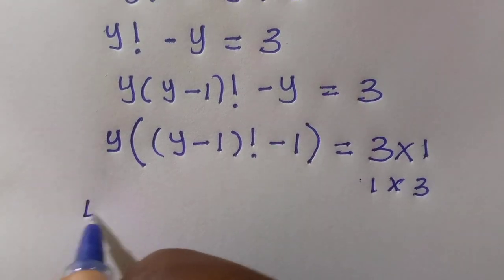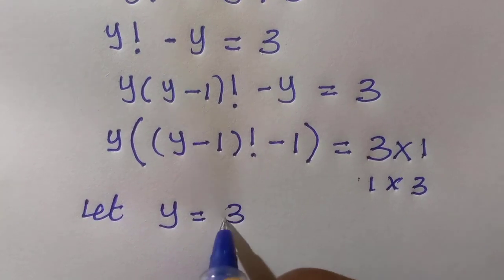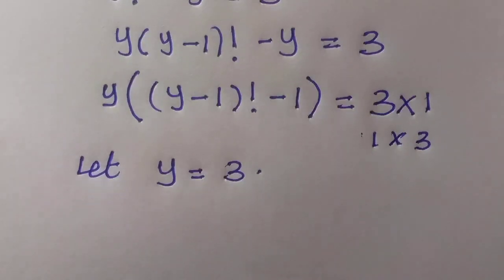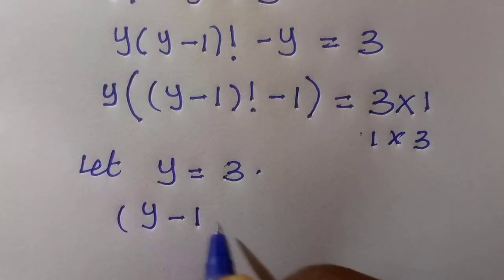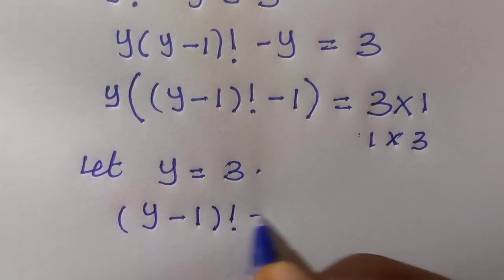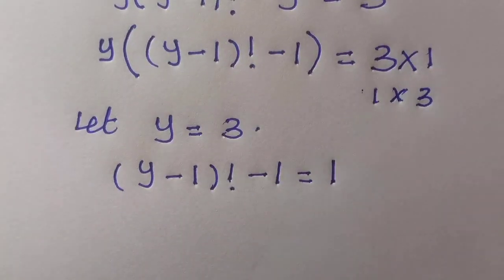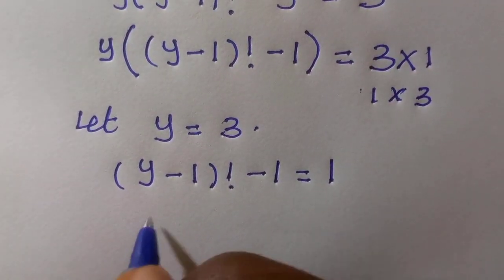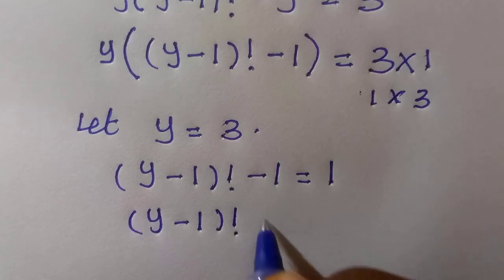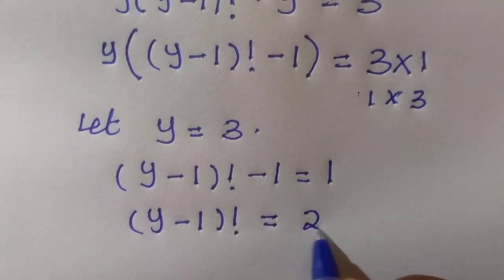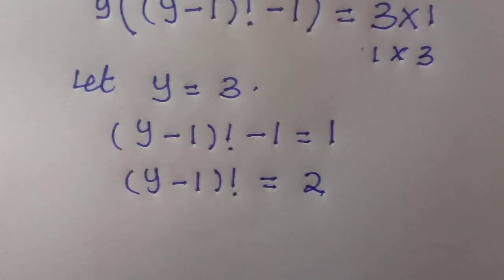We consider the first case, where y equals 3, and inside the parentheses, (y minus 1) factorial minus 1 equals 1. By transferring 1 to the right hand side, we have (y minus 1) factorial equals 2. And obviously 2 factorial is also 2.